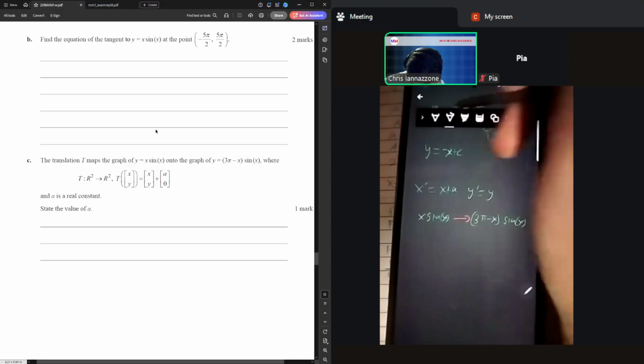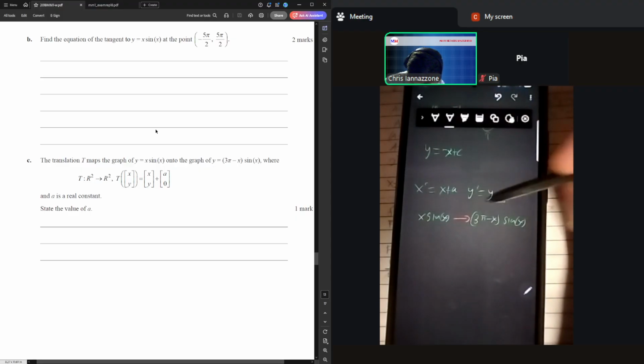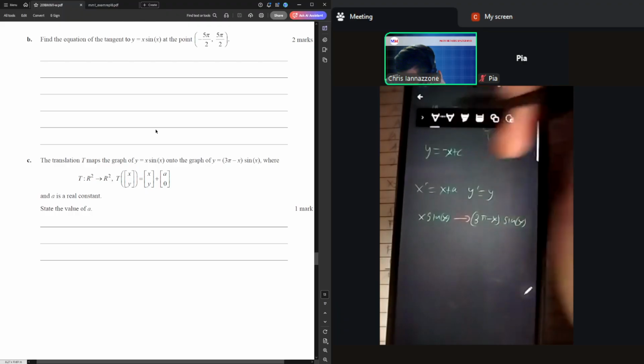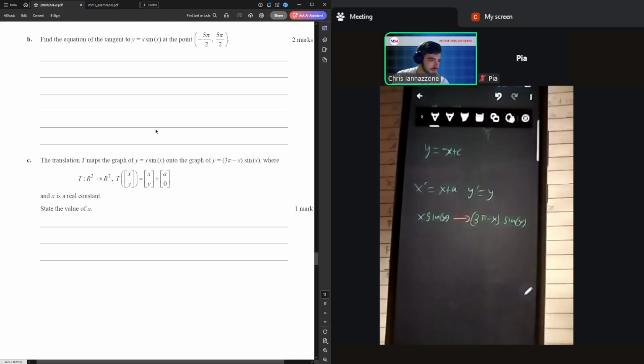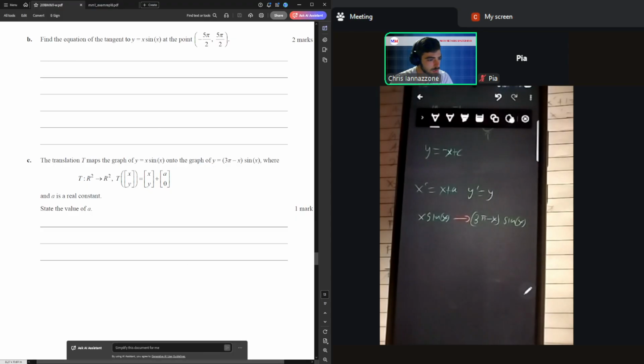Anyway, it's a one marker. They don't give you that much room for working out. It's one of those things where you could probably take a shot in the dark and get it decently right. Or you could go out of your way to do the whole application of the transformation, which is a lot more safer, probably.